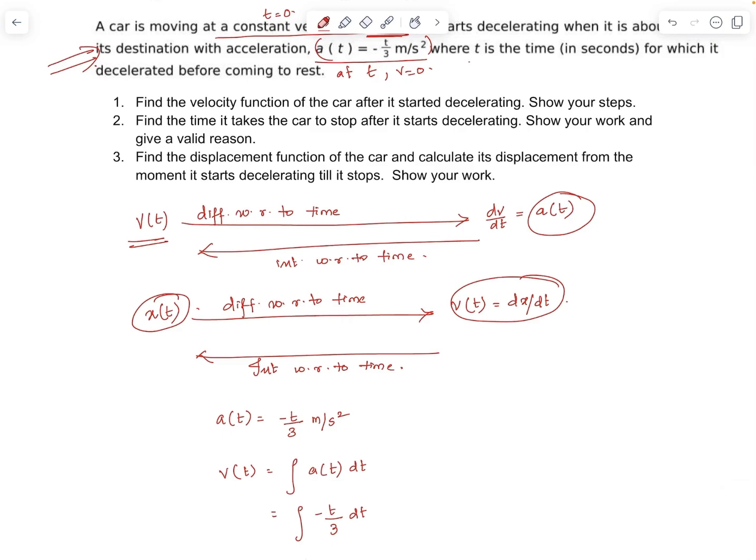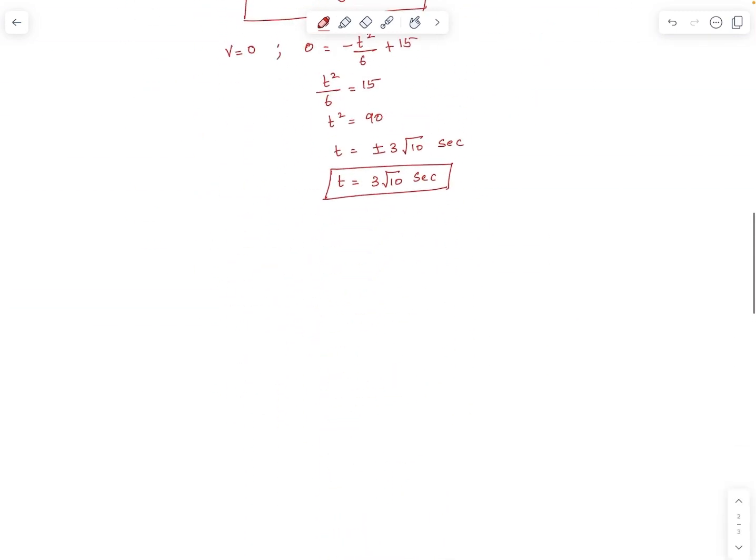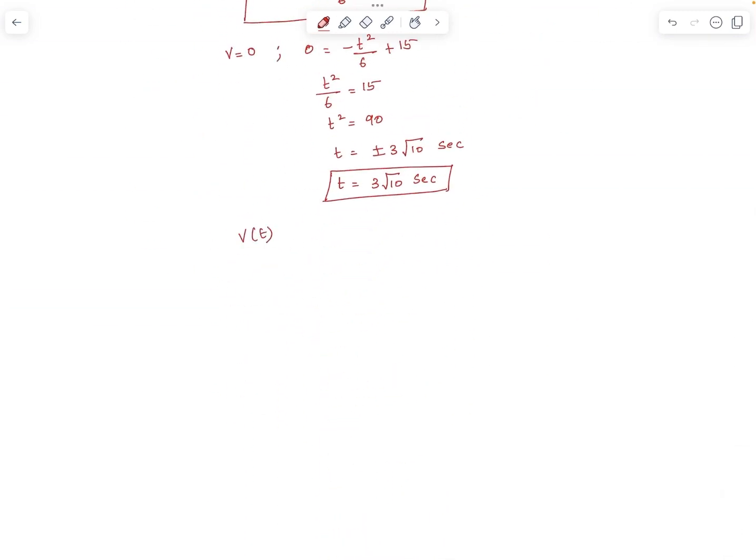Question 3. Find the displacement function of the car. So to get the displacement function, we have to integrate the velocity function. Let's take the velocity function v of t, which is minus t square by 6 plus 15.